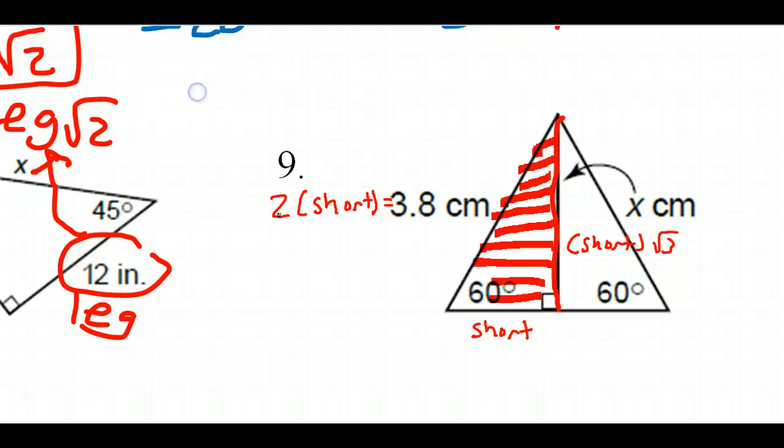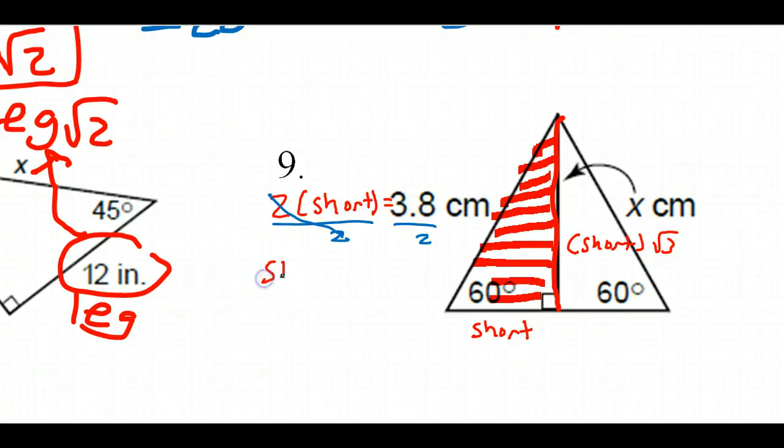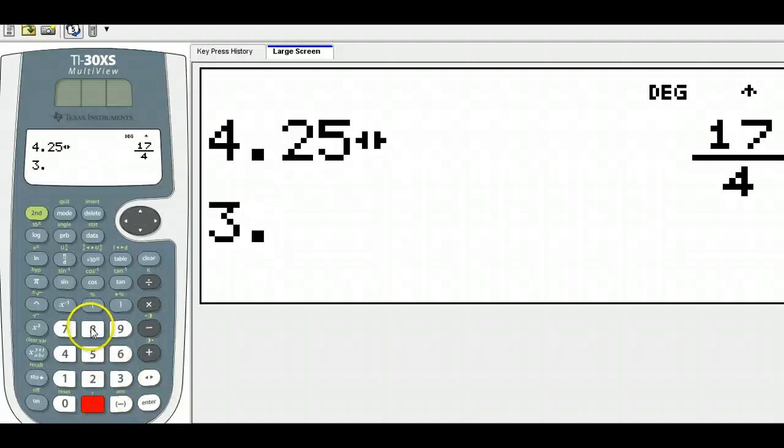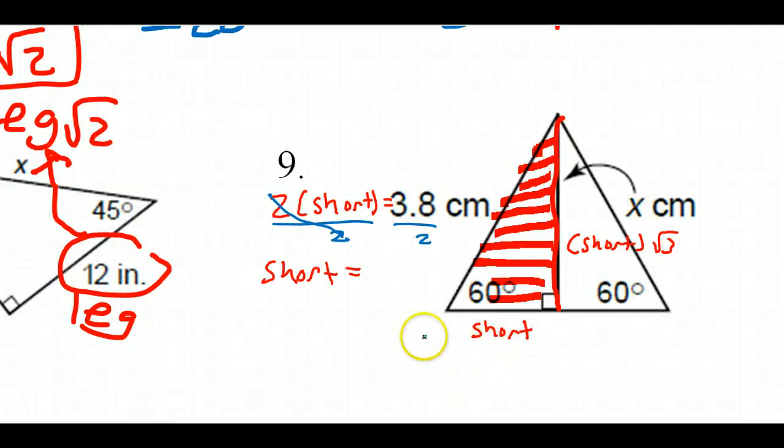That means it's time to divide by 2 on both sides. That's going to give me that the short side is 3.8 divided by 2. The short side is 1.9. So that means this is 1.9.